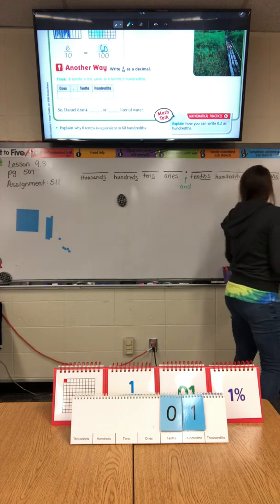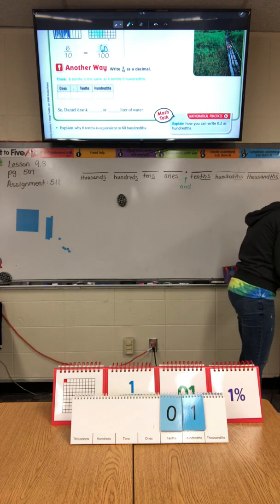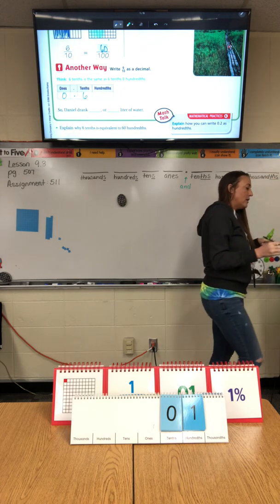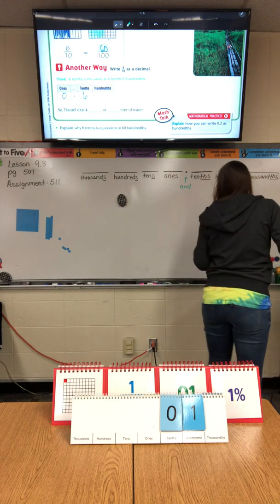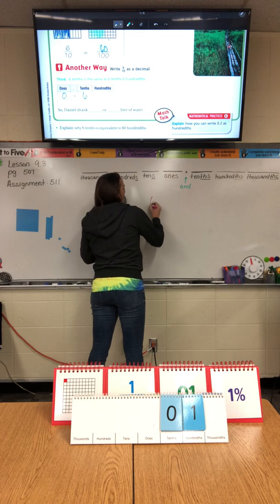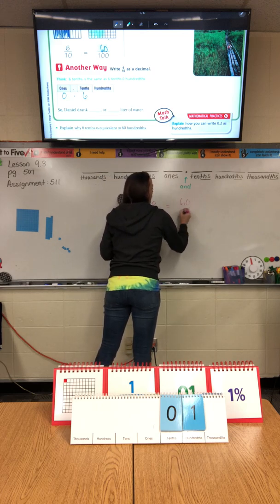Now we're going to do it as a decimal. So we're going to first write 6/10 as a decimal, and we're going to write 0.6. And now the only difference, this is what I showed you guys a little bit in the last video. So we did 6/10 equals 60 hundredths.